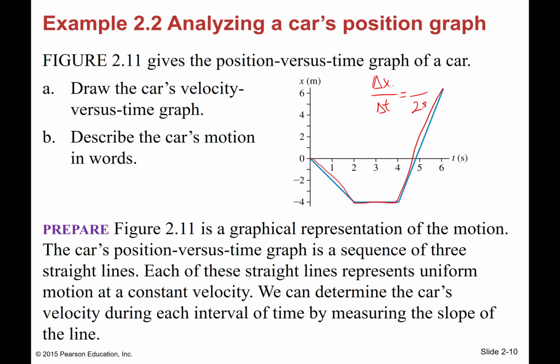And delta x is x final minus x initial, so delta x is minus 4 minus 0, which is minus 4 meters. Then minus 4 divided by 2 is minus 2 meters per second.